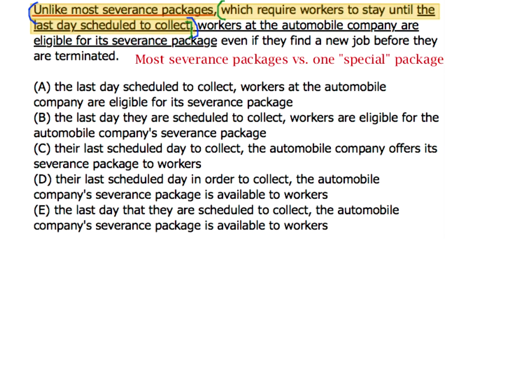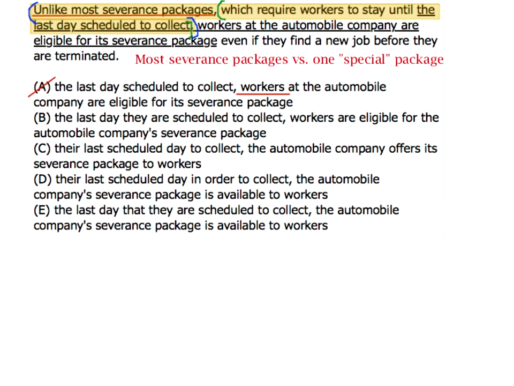Okay. So unlike most severance packages, and this is why you should like sentences where the entire thing is underlined better, because it's kind of awkward to find the second part of this, because the line break is in such a strange place. So you're looking here, which is not obvious at one glance. So unlike most severance packages, this is comparing severance packages to workers.